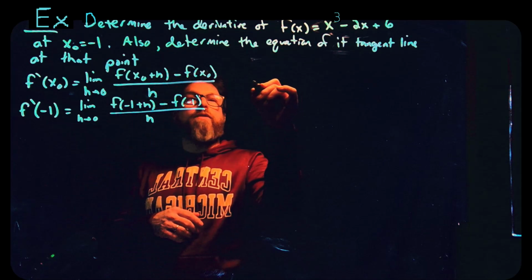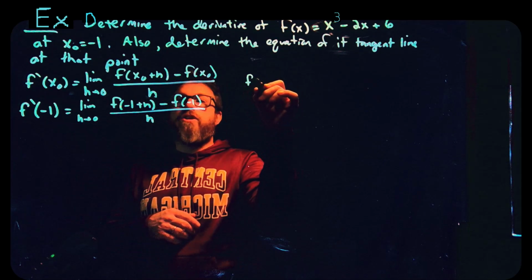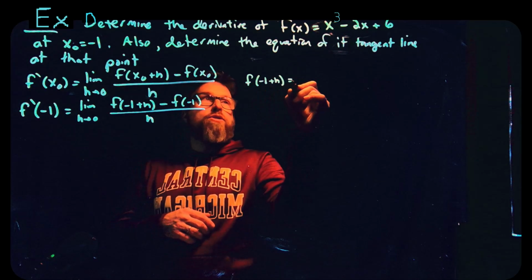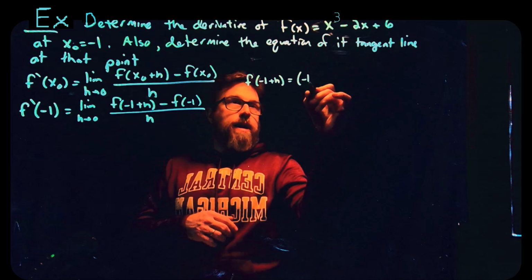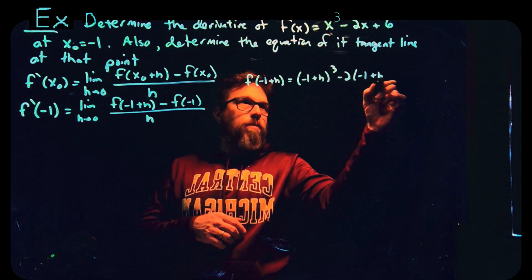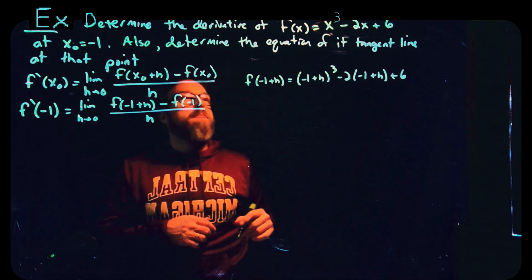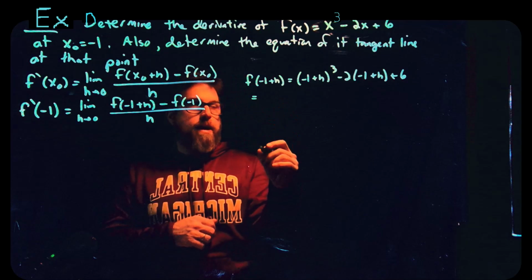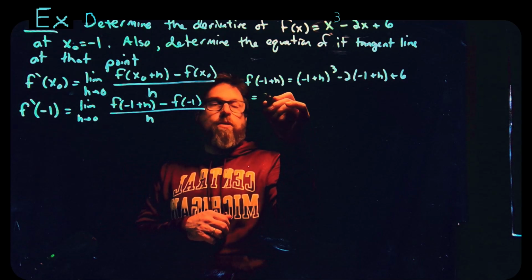So let's do that work over here, especially since a cubic is a little messy. So plus h. So everywhere there's an x, there's a -1 plus h, minus 2 times -1 plus h, plus 6. So again, powers first, then multiplication, and then combine like terms, and so on for addition and subtraction.